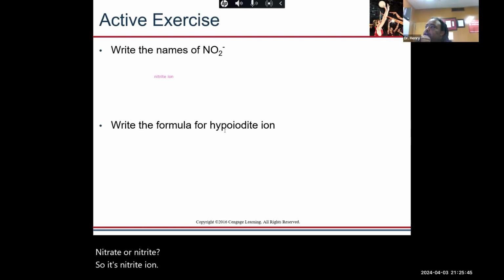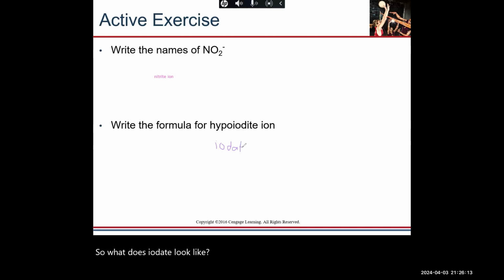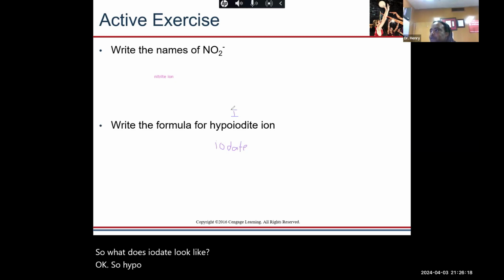What would be the chemical formula for the hypoiodite ion? What does iodate look like? Hypoiodite is going to be IO, and what charge?